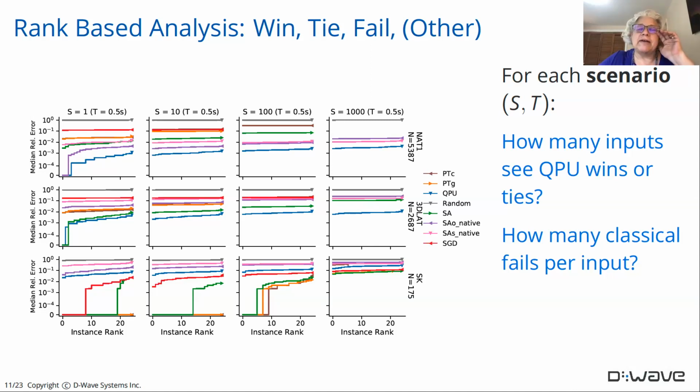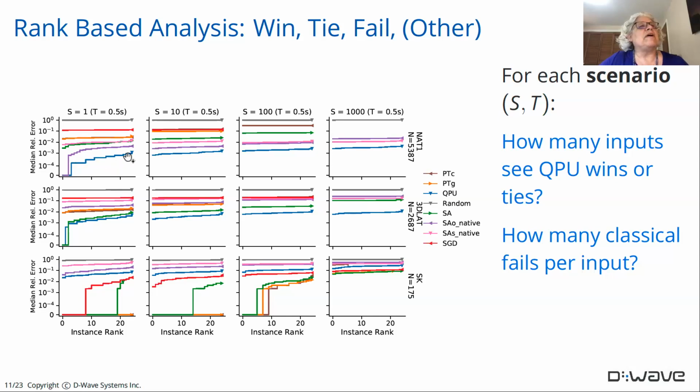It's like a fake ground state, as best we can do. And then we looked at the relative error of all of the other solvers in comparison to that reference state. And so 0 is perfect. You're matching the best solution.